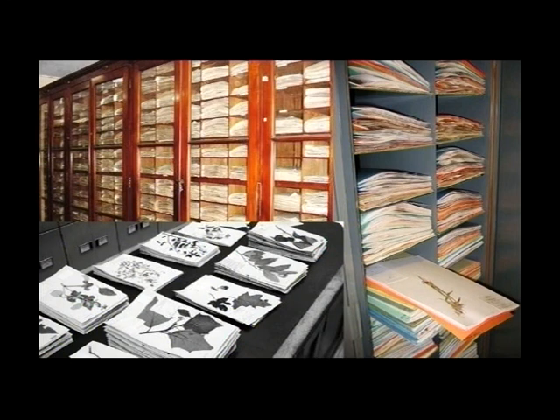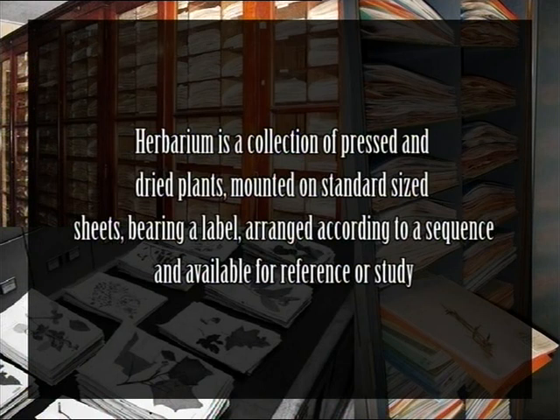photographs, illustrations or descriptions. A herbarium is a collection of pressed and dried plants mounted on standard sized sheets bearing a label, arranged according to a sequence and available for reference or study.